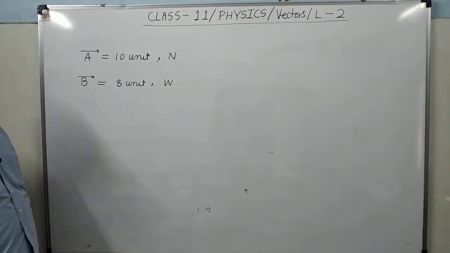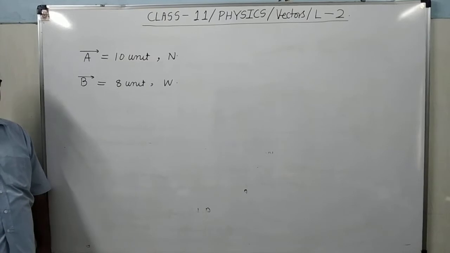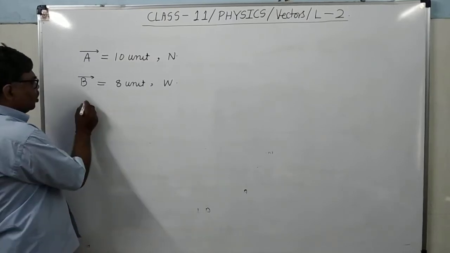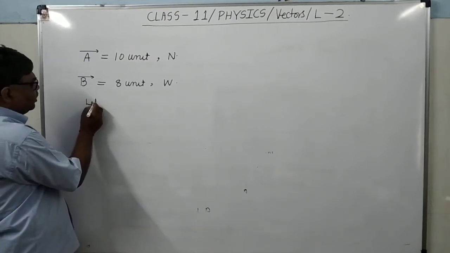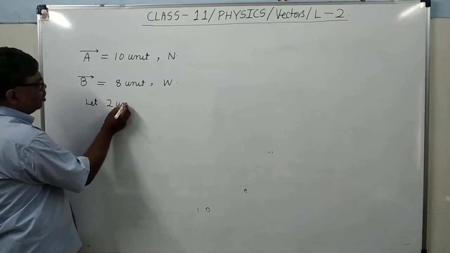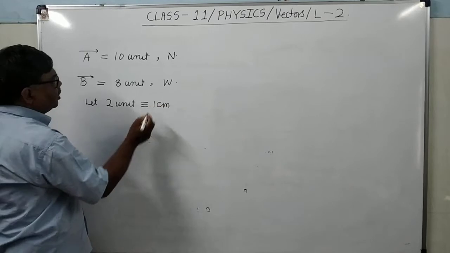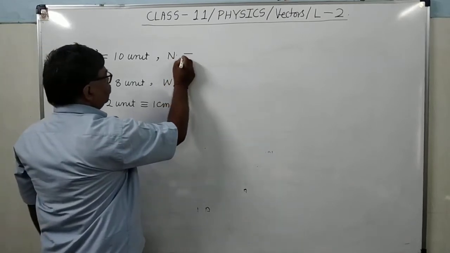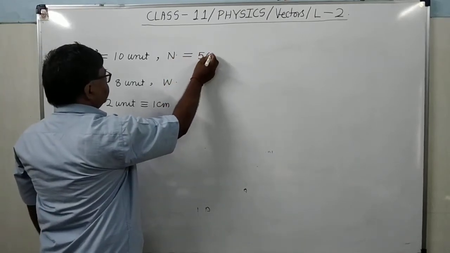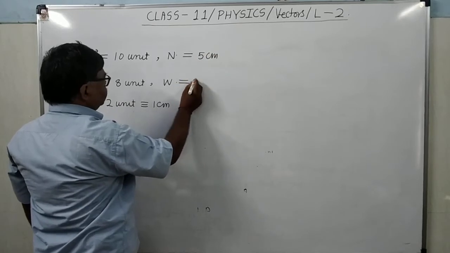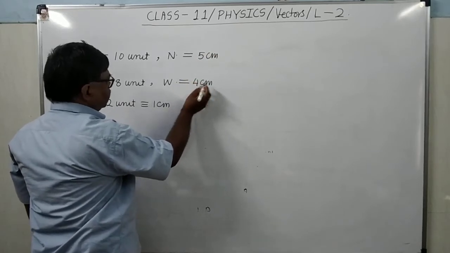It's clear? So first you take some scale, a conversion factor. I have taken, let 2 unit equal 1 centimeter of scale. So this will be equal to 5 centimeter and this will be equal to 4 centimeter.